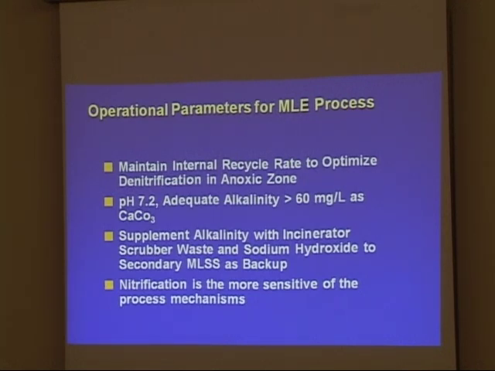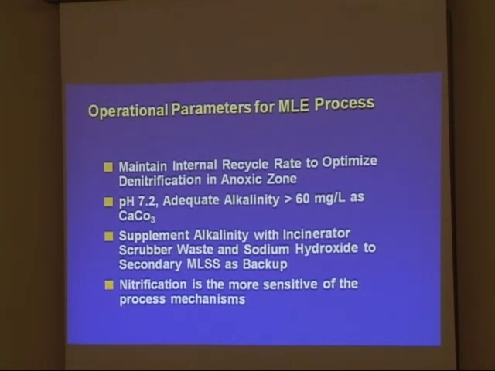You want to maintain adequate alkalinity. In this case, we like to see above 60 milligrams per liter, and a pH around 7.2 is optimal, but like I said, 7, that's good too. You start chasing a higher pH, you're paying for it in chemical costs. You supplement your alkalinity with the incinerator scrubber waste, and you have sodium hydroxide to the secondary MLSS as a backup.